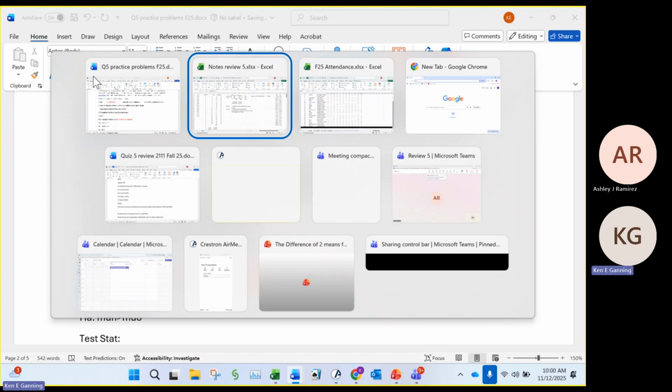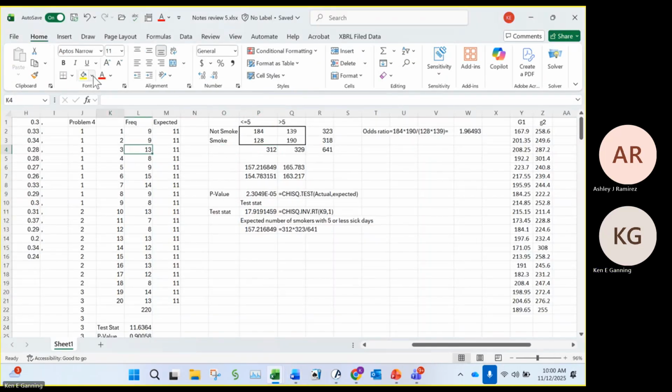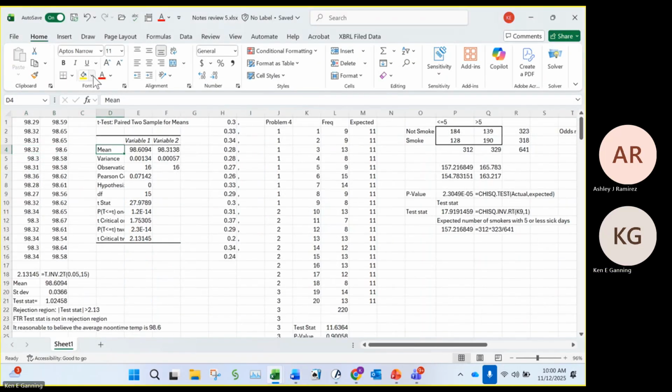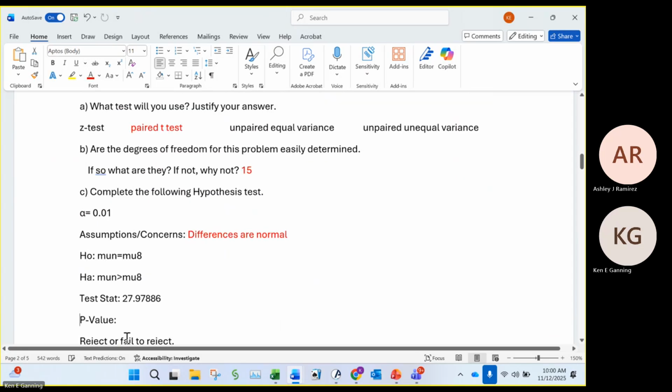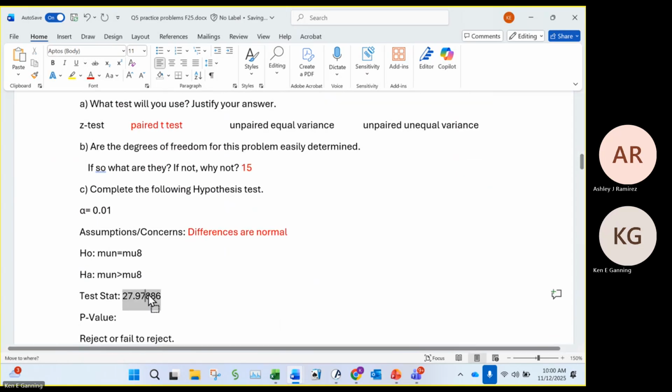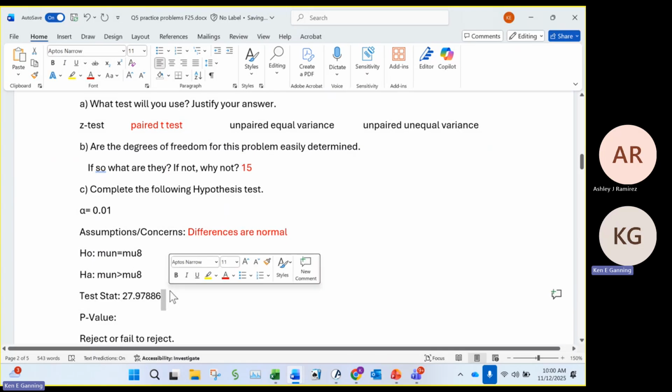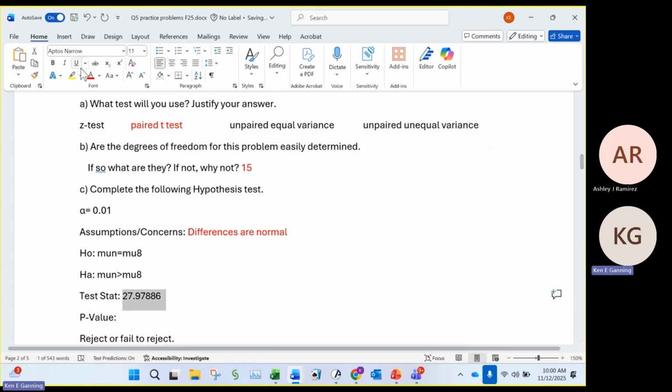And if we go into Excel, we get a test stat. We get a p-value. I'm not going to sweat out the p-value. I know it is less than 0.000.